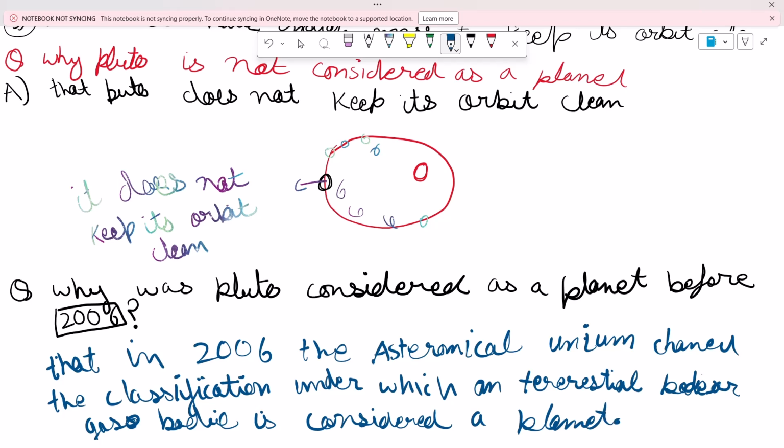So basically, in the year 2006, the International Astronomical Union (IAU) changed the classification under which a terrestrial body or a gaseous body is regarded as a planet.